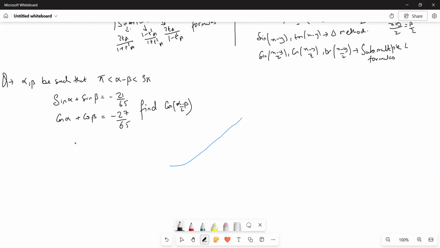Minus 3 by root over 130. So we square both the sides and add. So directly apply the formula. Cos of alpha minus beta by 2 will be like a square, so 21 by 65 whole square plus 27 by 65 whole square minus 2 whole divided by 2.